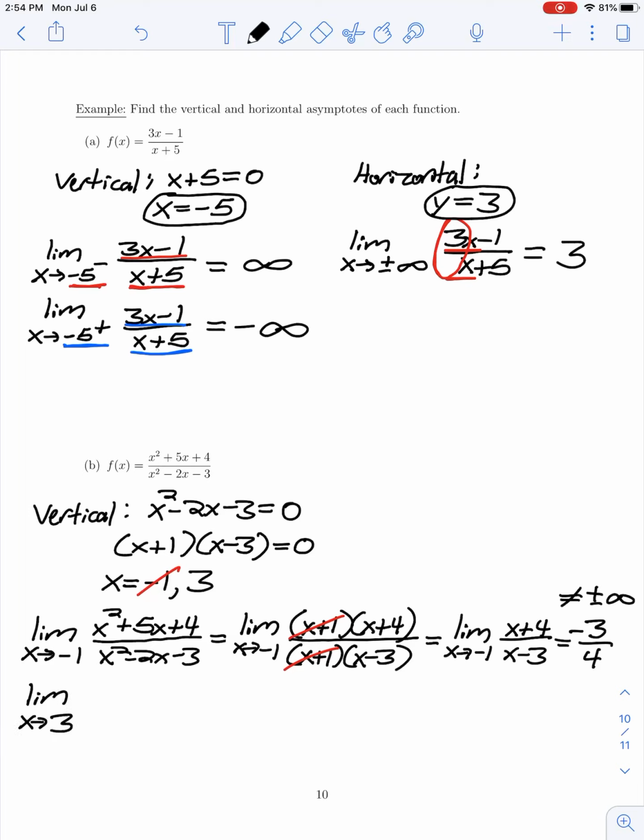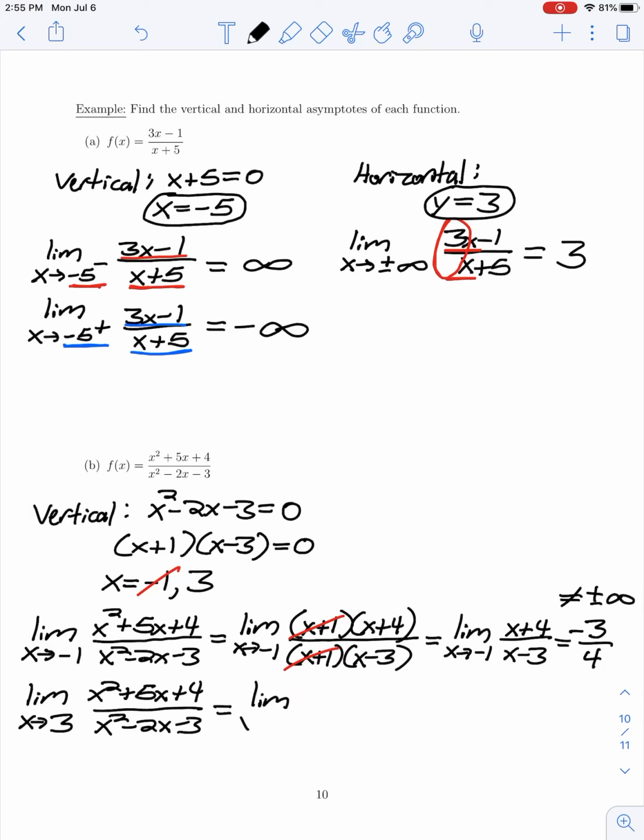So if we consider a limit as x approaches 3 of our function, we have, if we're plugging in the value of 3, a numerator, which is approaching 9 plus 15 plus 4, and a denominator, which is approaching 0. So we do suspect that we would have a positive or negative infinite limit, depending on whether we're approaching 3 from the left or the right-hand side.